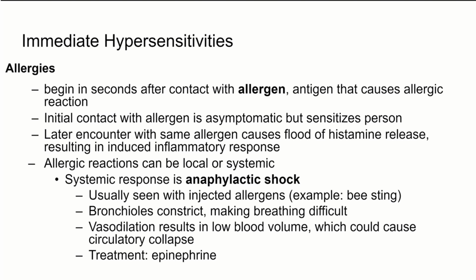And so this can actually lead to circulatory collapse. This is why anaphylactic shock is so serious and needs immediate intervention, because once that blood volume starts dropping, if you don't intervene immediately, you can actually have heart failure.